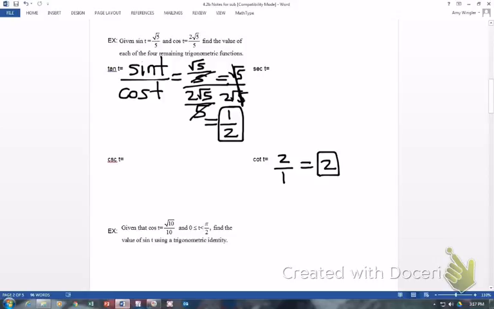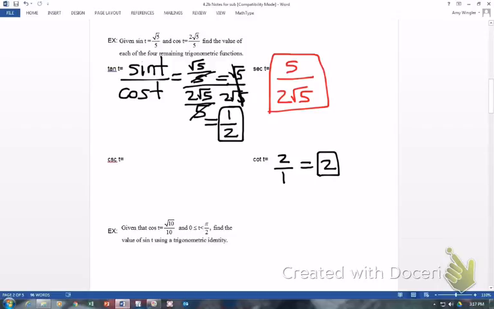So let's do that using secant. Secant of t is the reciprocal of cosine of t. So if the cosine of t is 2 radical 5 over 5, then the secant of t is going to be 5 over 2 radical 5. I'm fine if you guys do not rationalize your denominator, but the back of the book probably will rationalize, so your answers might not match up.